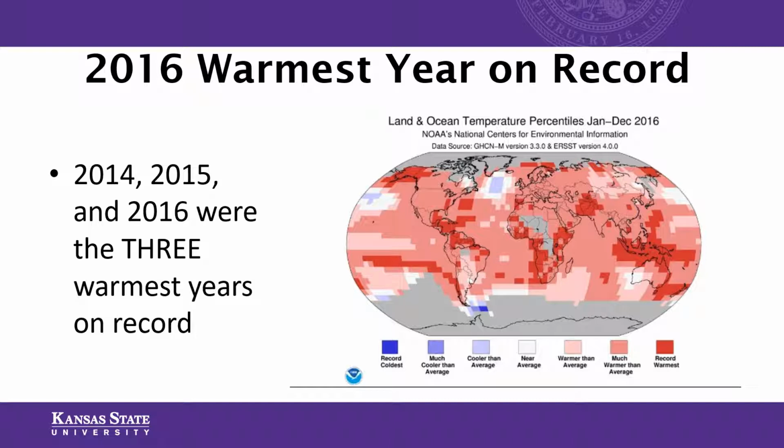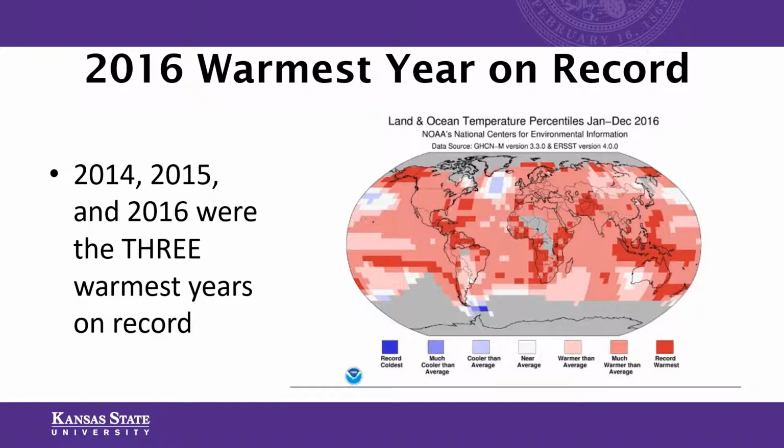So globally averaged temperatures in the year 2016 were 1.78 degrees Fahrenheit, about 0.99 degrees Celsius, warmer than the mid-20th century mean. So from 1950 to 2016, our global average temperatures have increased by almost 1 degree Celsius, 1.78 degrees Fahrenheit.